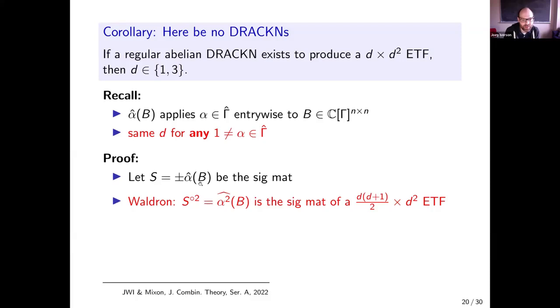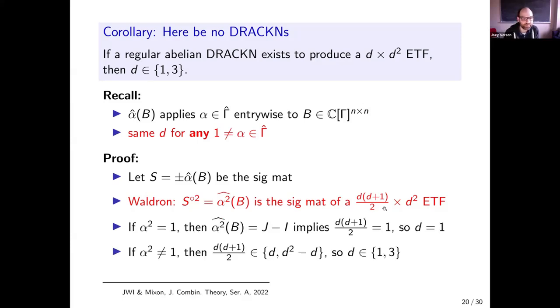So let plus or minus alpha hat of B be the signature matrix of such an ETF. Well, then I look at its entrywise square. The entrywise square is obtained by applying alpha squared, which is another character. Well, that's got to be the signature matrix of an ETF with these sizes. All right, so now apparently this dimension is either d or n minus d.